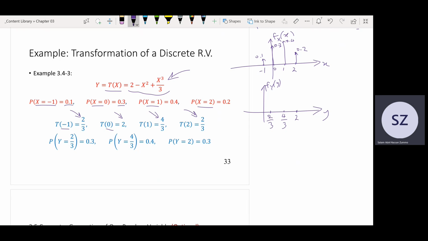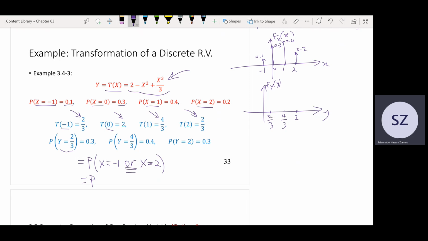The probability that Y equals 2/3 equals what? When does Y equal 2/3? It's when X equals -1 or X equals 2, right? Or means summation, because they cannot both happen.